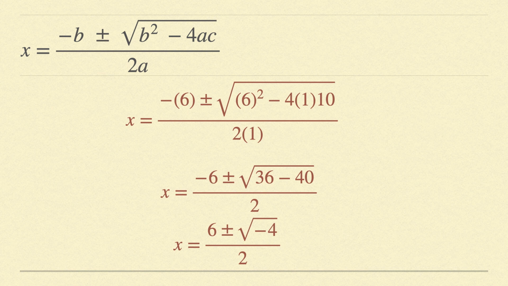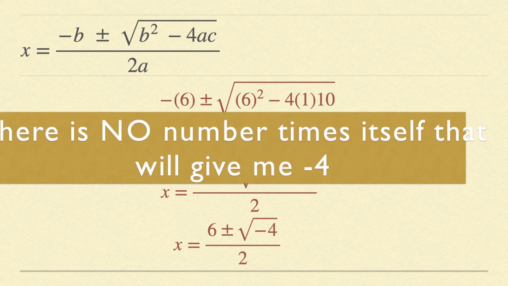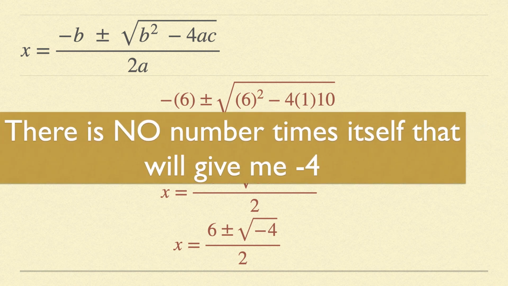Ladies and gentlemen, what two numbers multiply together to give me negative 4? Or what one number multiplies by itself to give me negative 4? Well, there isn't any number that multiplies by itself to give me a negative 4. 2 times 2 gives me positive 4. Negative 2 times negative 2 gives me positive 4.